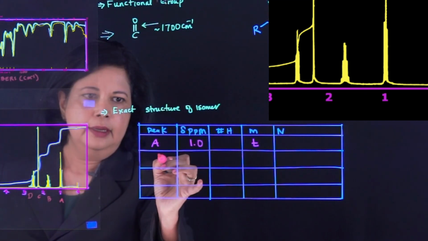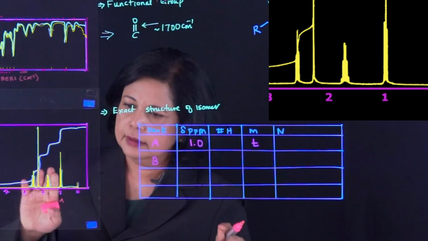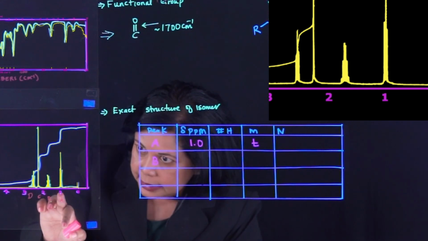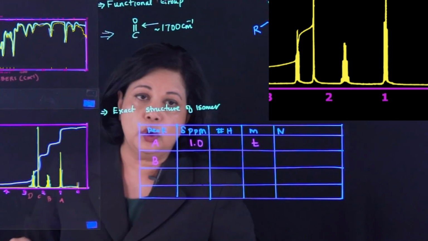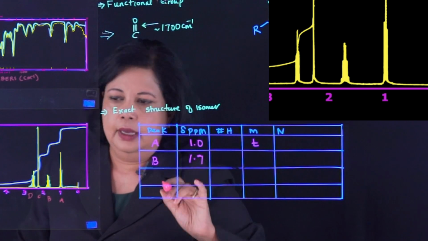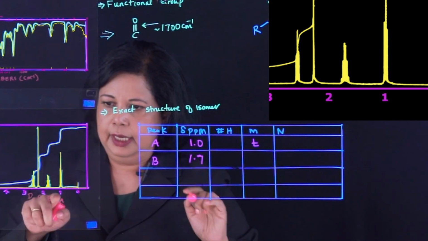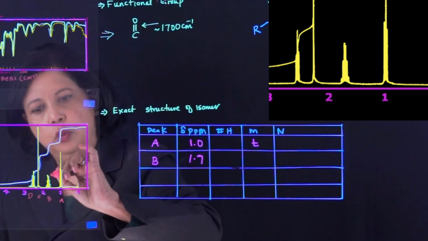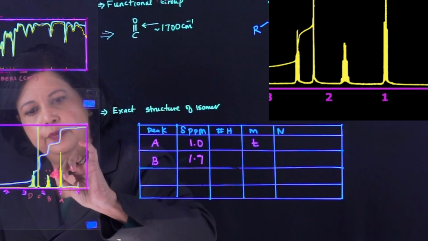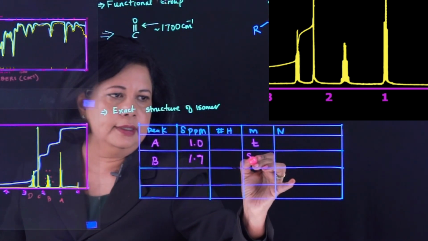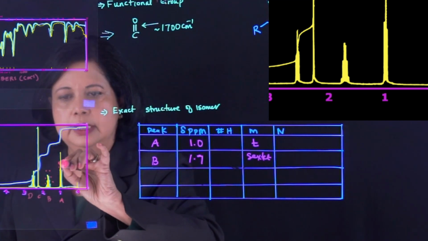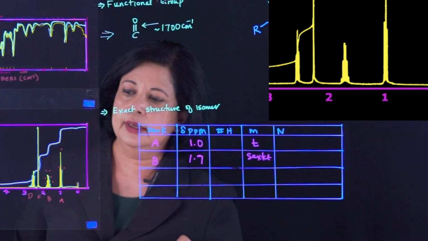B is going to be, again, close enough but not exact, about 1.7, and it's going to be a, let's see, 1, 2, 3, 4, 5, 6, sextet. This is obviously a triplet, just 3 hills on there.